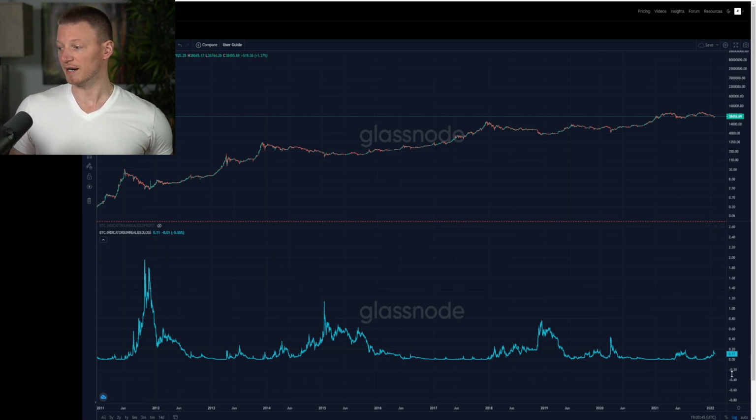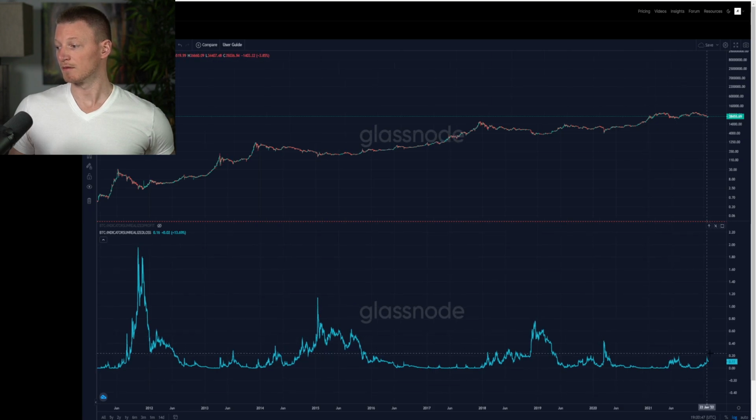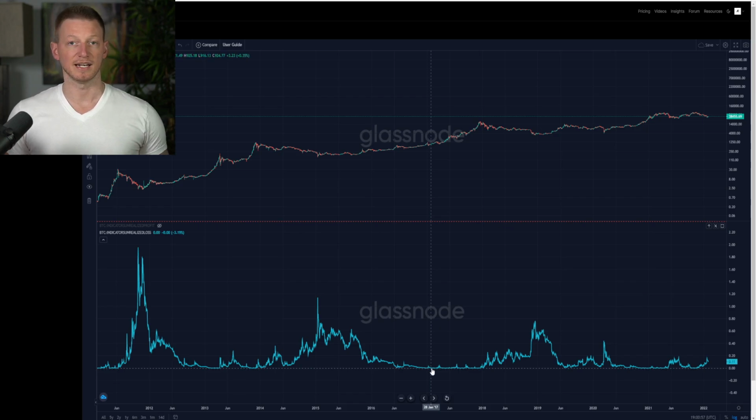Now, if you look at where we're at right now, we are actually not that far off of this baseline. And what does the baseline mean? It means that essentially all of the coins on the network are, for the most part, sitting in profit. These typically occur when we're reaching or close to prior market cycle tops.